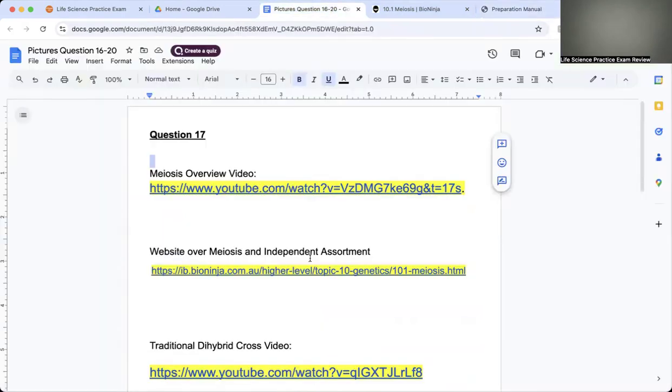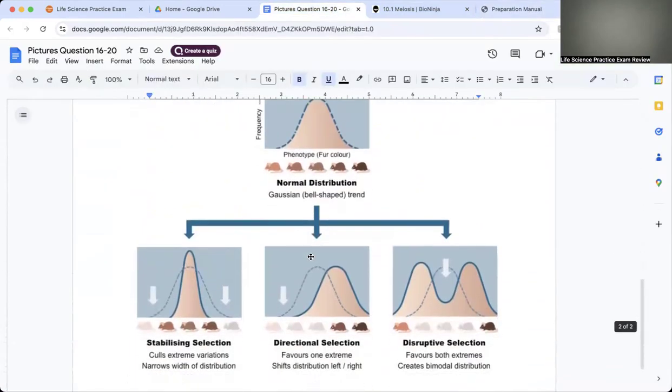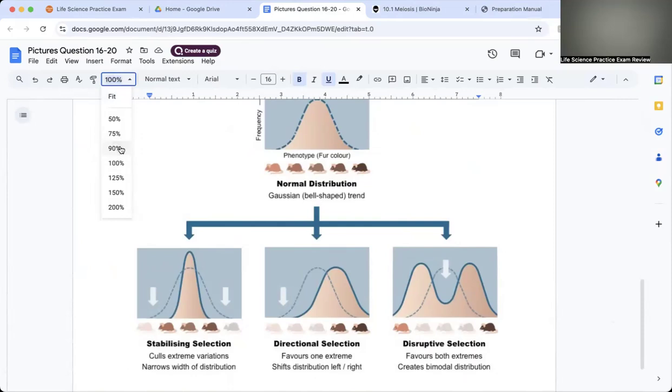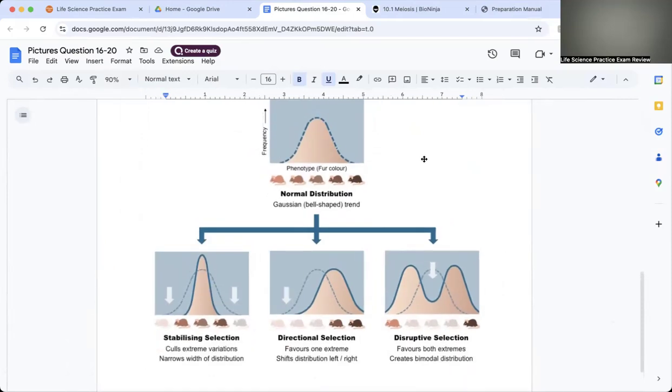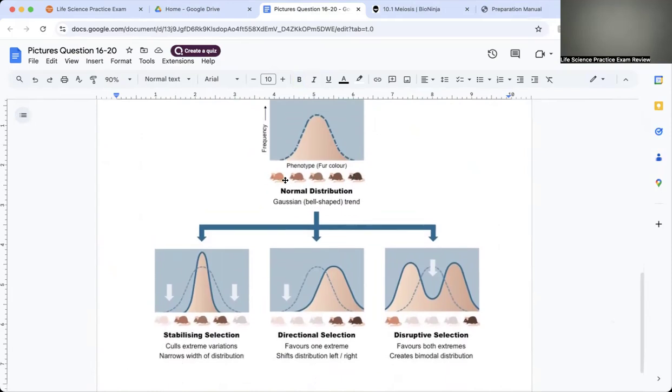So I'm going to go back and pull up this diagram here. Zoom out a little bit so we can see it all. There we go. Okay. So basically, a normal distribution of animals is going to be your bell curve, or whatever you're talking about.